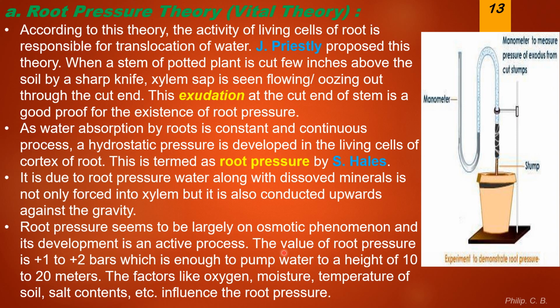And as mentioned, +1 to +2 bars is just what is required to pump the water to a height as much as 20 meters. So the factors like oxygen, moisture, temperature of soil, salt content, etc. also influence the root pressure. So they are equally important for root pressure theory.